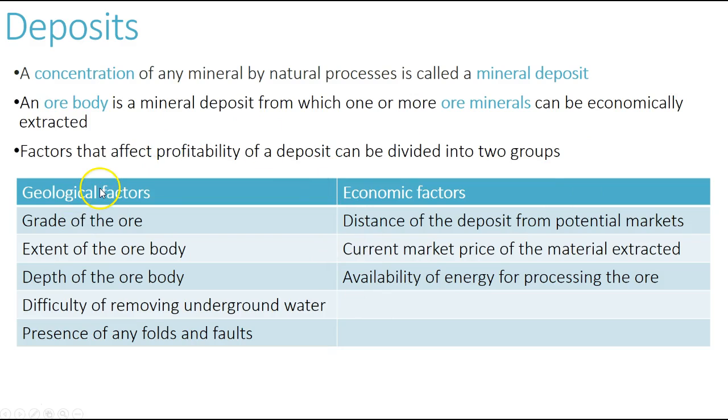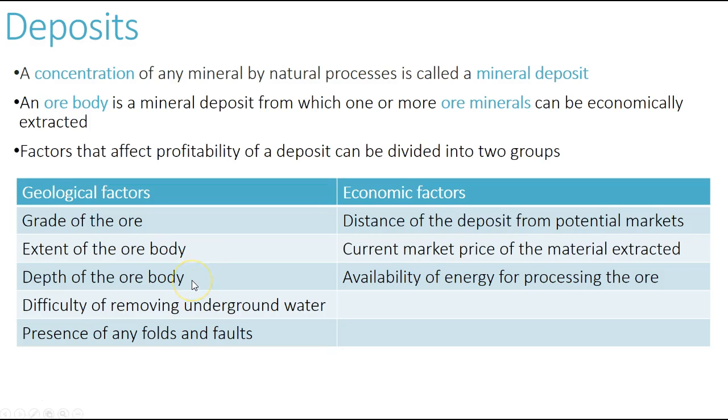So geological factors include the grade of the ore. So what's the percent or grams per area of ore? The higher the grade, the more economic it is. The extent of the ore body, so is it very concentrated or is it spread out? The more area that it covers, the more likely it is that it is considered to be profitable.